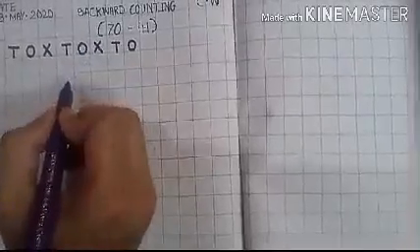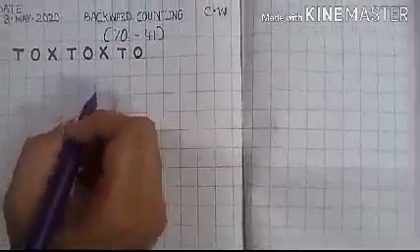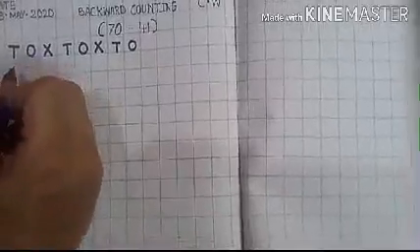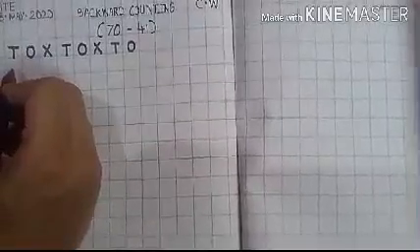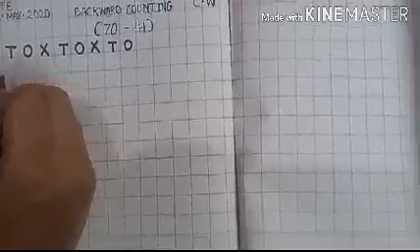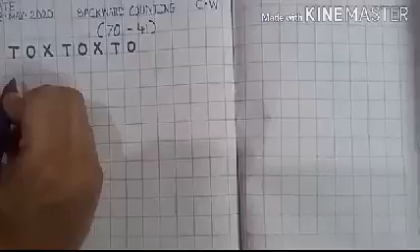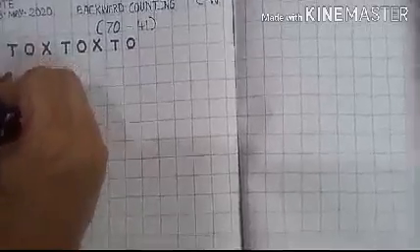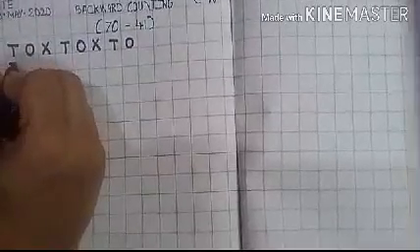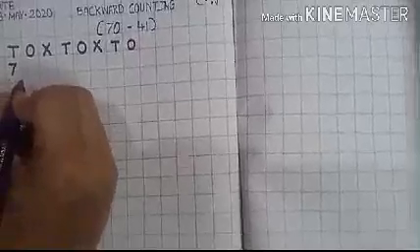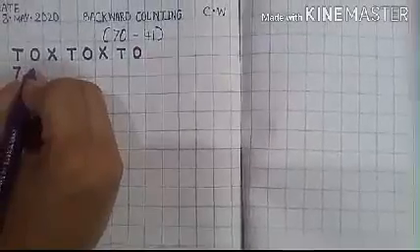Okay, now we will start counting. Backward counting. Slowly you have to write, touch the bottom line, remember that. Tens, T below write 7. Ones below write 0.